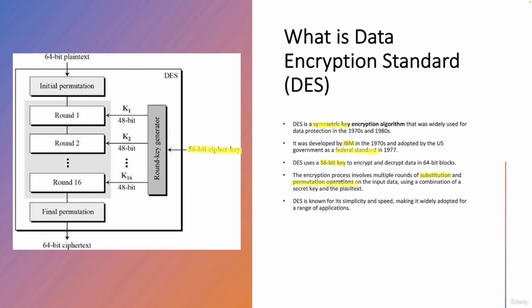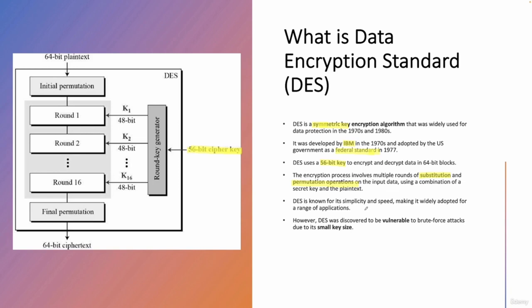DES was known for its simplicity and speed, which made it widely adopted for a range of applications, because people got really excited that DES solved a lot of problems for them. And because it uses a symmetric key encryption algorithm, it was fast and used less computational power.